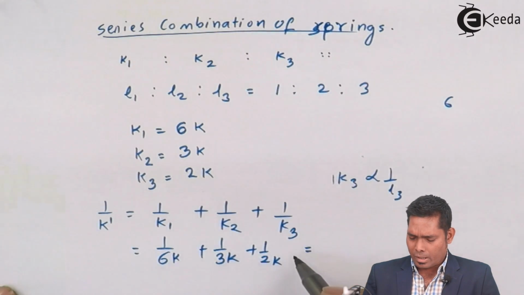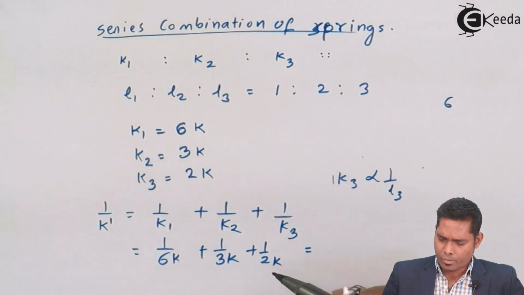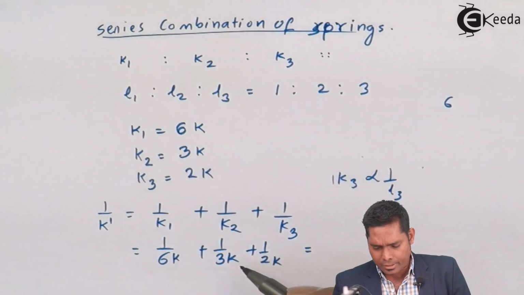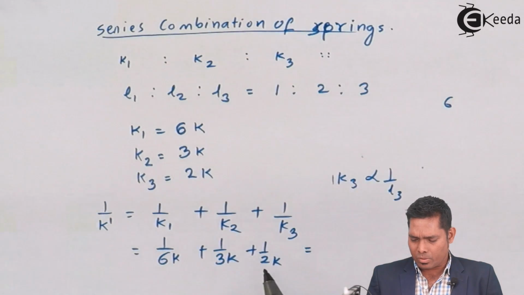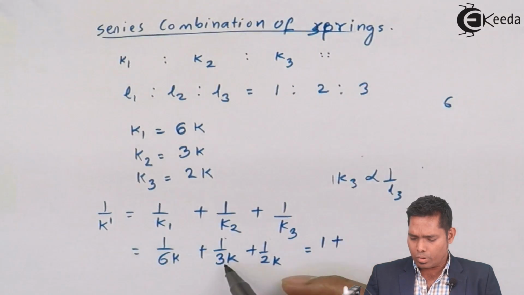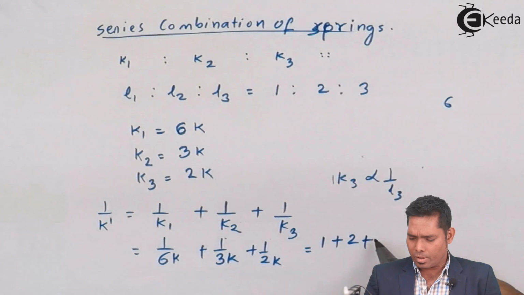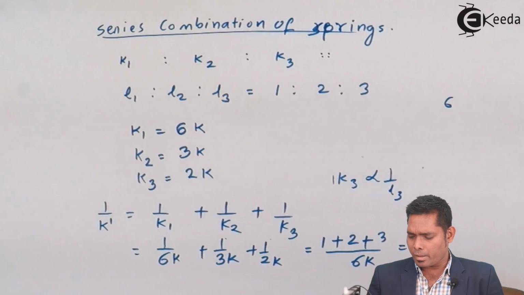Making everything over 6: 3 is multiplied here and 2 here, so it becomes 1 plus 2 plus 3 divided by 6K, which is 6 over 6K. That equals 1 over K prime.